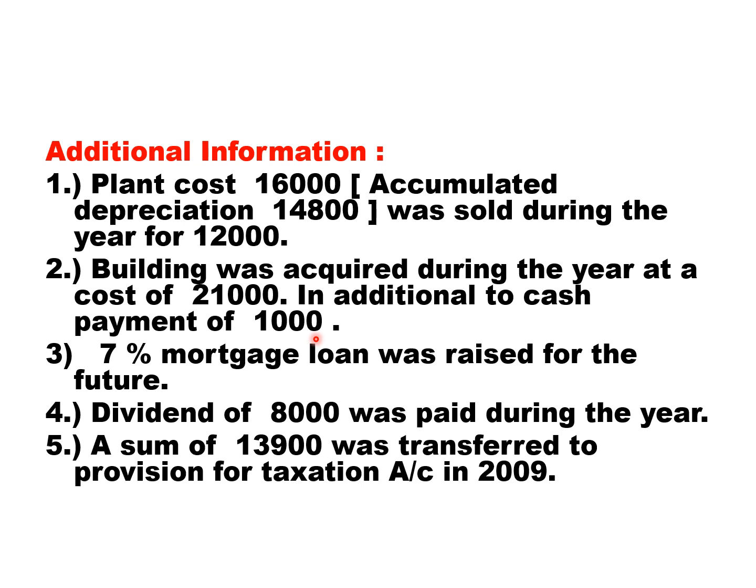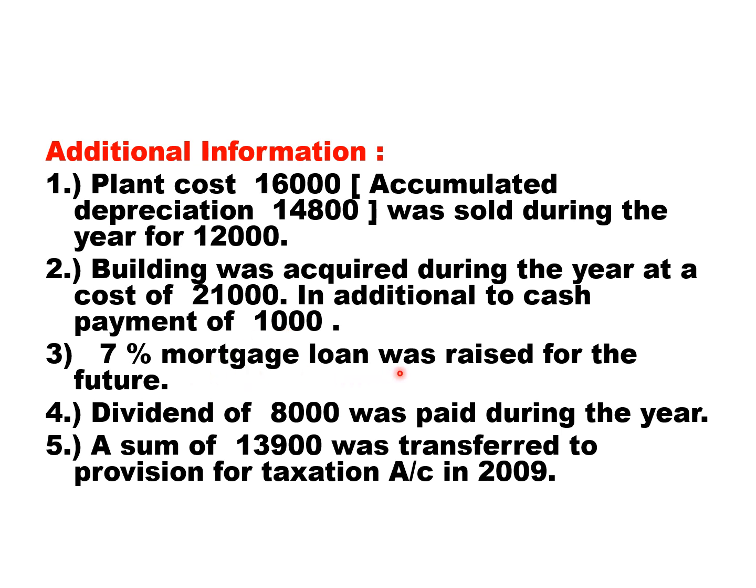Then total purchase of building will be 22,000. So we have purchased for 21,000, then another cash payment of 1,000. So total building purchased will be 22,000, will come in building account and investing activity.